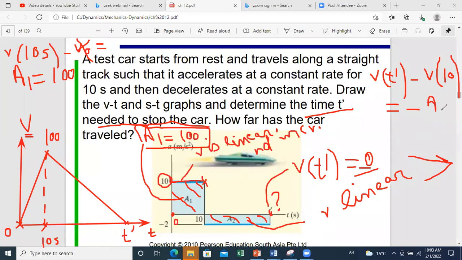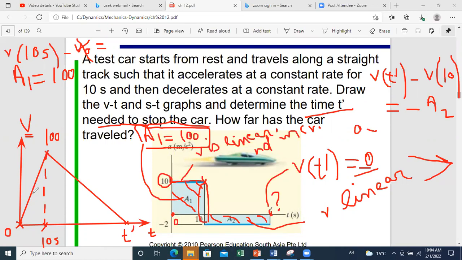Now, I know that the velocity at t prime is 0, and I already calculated the velocity at 10. Pay attention, please. The acceleration is discontinuous. I have a sudden decrease of acceleration from 10 to -2, but the velocity is continuous. So what changes in the velocity graph is the slope.